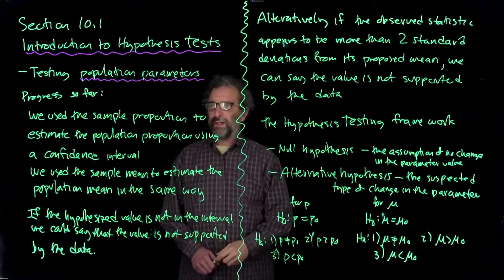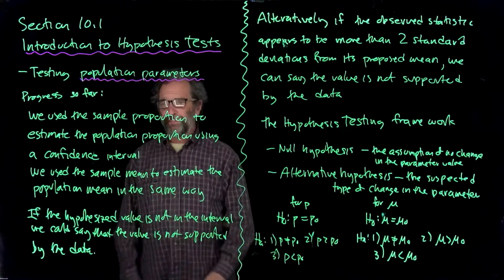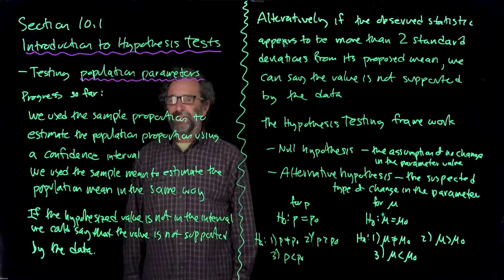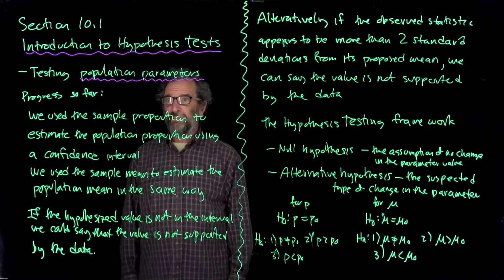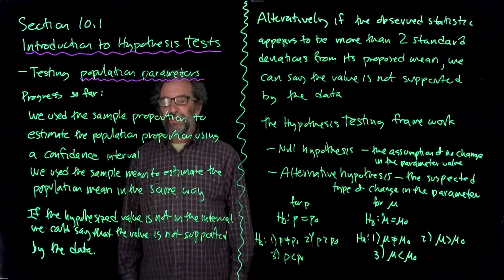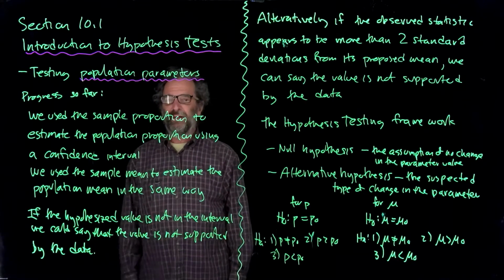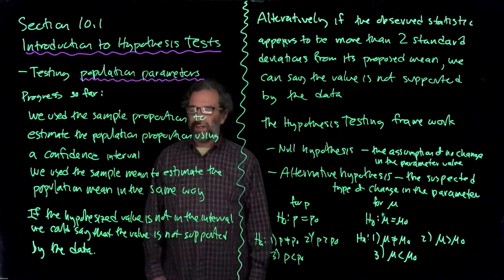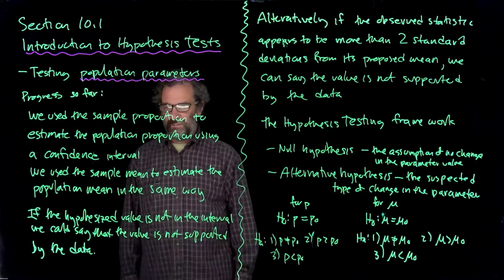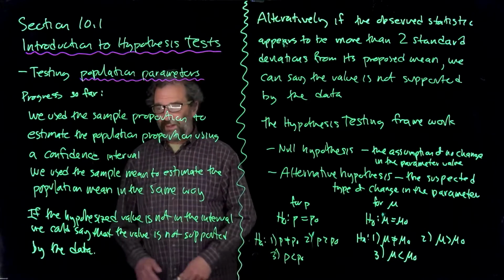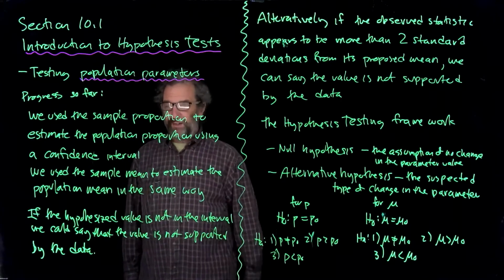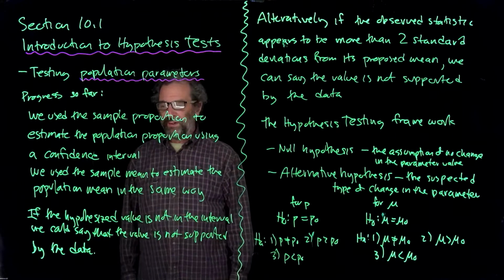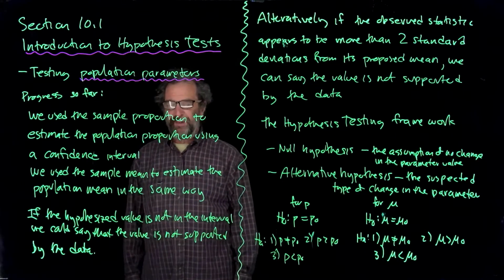All right, and so our progress so far looks like this. We use the sample proportion to estimate the population proportion using a confidence interval. We use the sample mean to estimate the population mean in the same way, using a confidence interval. And now we concluded, at some stage of the game, if the hypothesized value of either the mean or the proportion is not in the confidence interval, we could say that the value is not supported by the data.